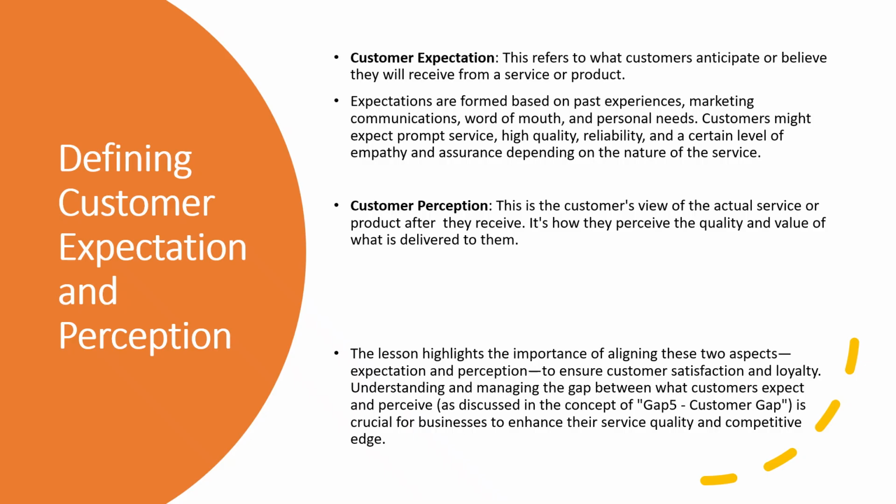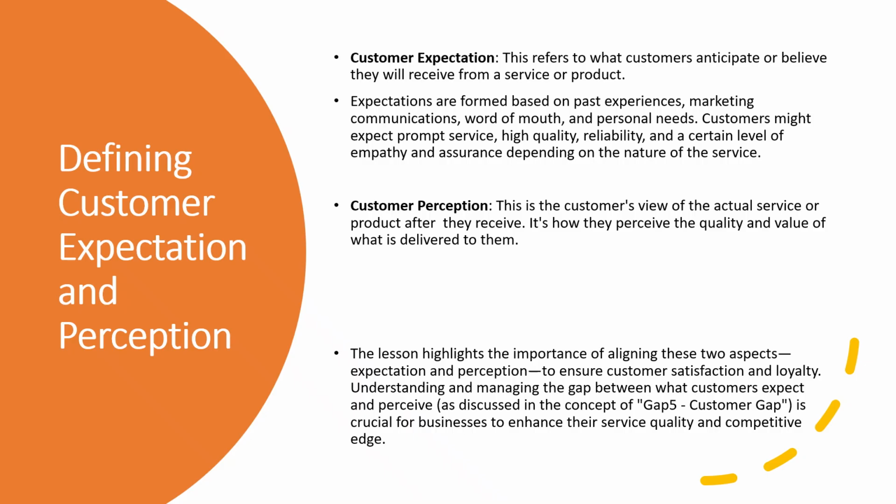On the other hand, perception is customers' view of the actual service or product after they have received it. So you cannot have perception before expectations. I think I should repeat this. You cannot have perceptions before expectations.